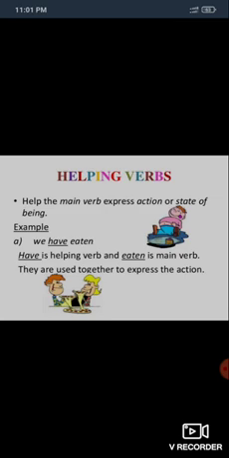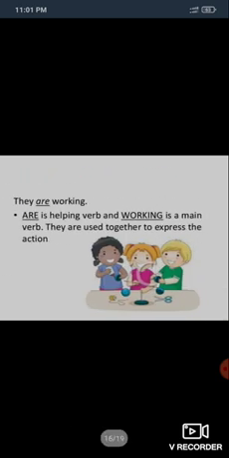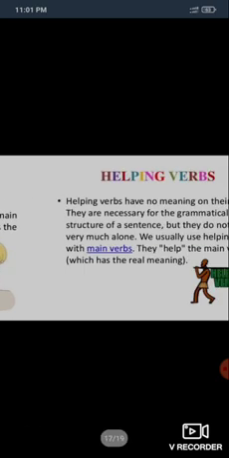Here "have" is the helping verb and "eaten" is the main verb, and they are used together to express the action. They are working. Here "are" is the helping verb and "working" is the main verb. They are used together to express the action.